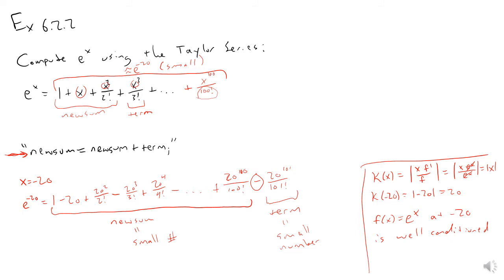All right, so this is why I think in the book they said that this algorithm works fine if x is positive. If x is positive, then every single one of these terms is just an addition. X is positive, so we're always adding. But if x is negative, then every other term is a subtraction, and eventually you're doing a whole bunch of subtractions of numbers that are close to each other, and every time we do that, it's introducing some round-off error.